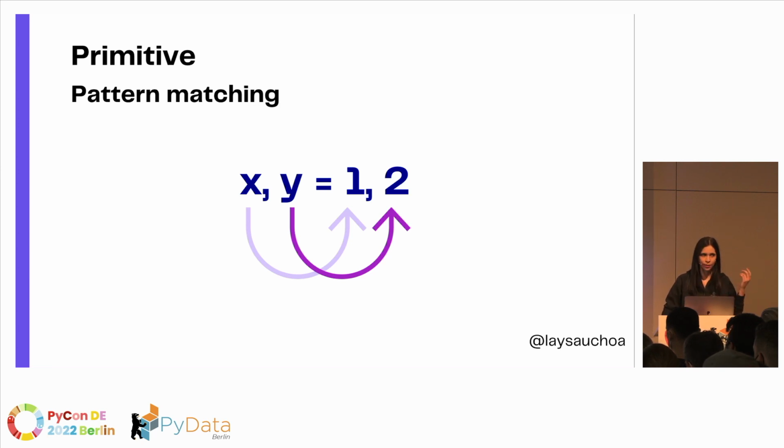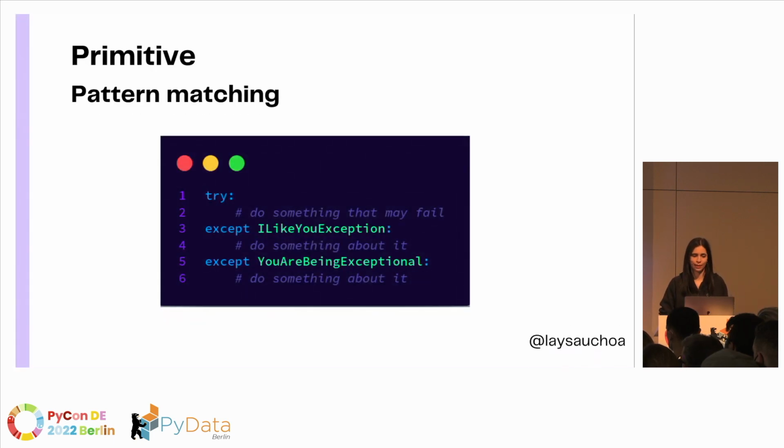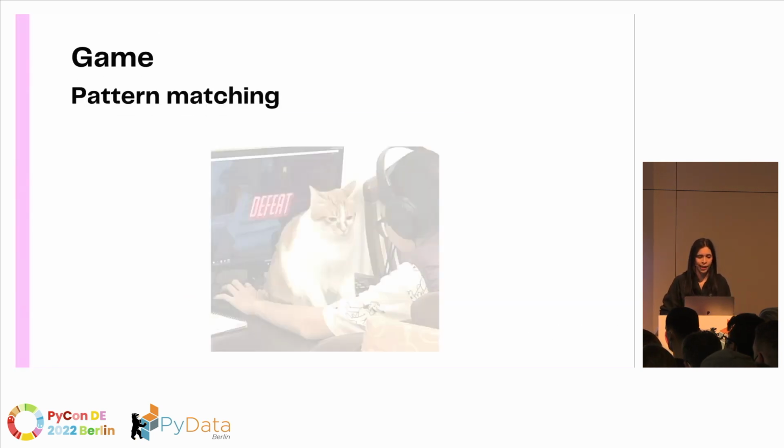If you like try and except, you may also find some sort of primitive pattern matching there. You can have try, and you can have different excepts, and your objective is to match one of these exceptions and run some code inside. So there are some primitive things that were already there.